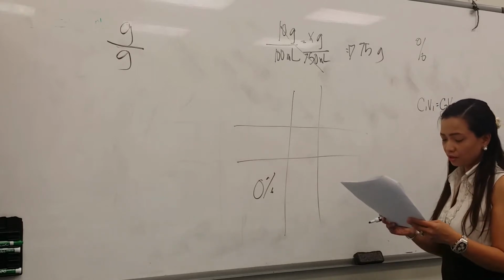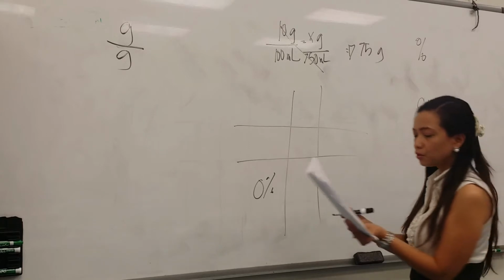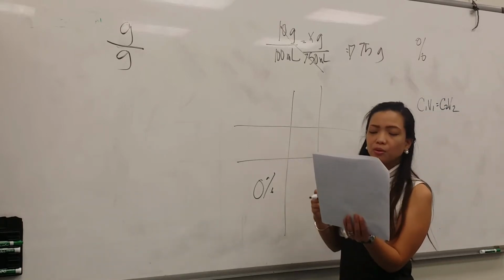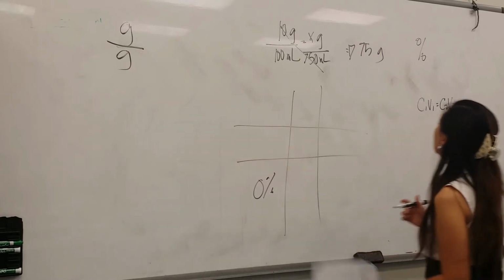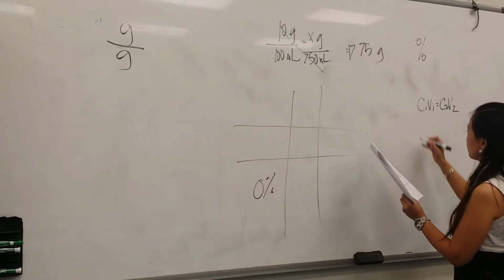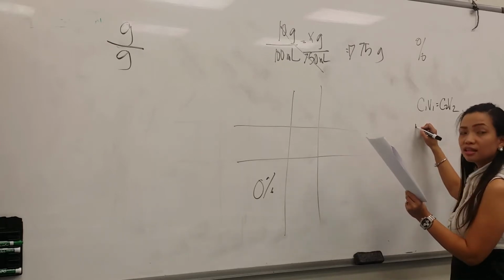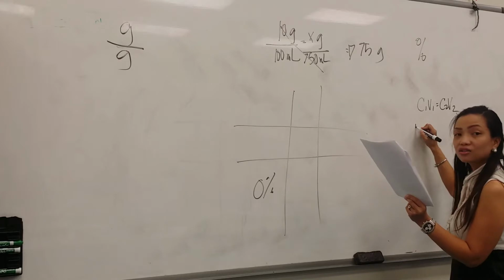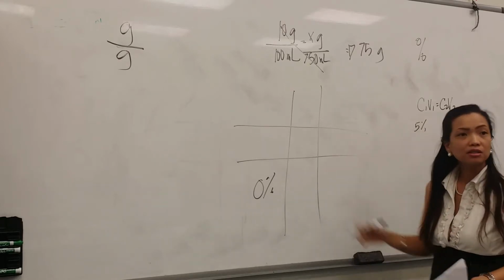So number 32. You are asked to make 150 ml of 3% sodium chloride using 5% sodium chloride stock solution and water. How much of each do you use? What's your C1? 5% first. Remember, the higher first.